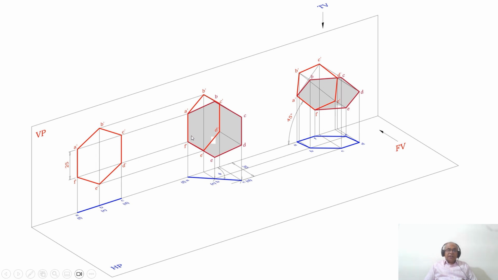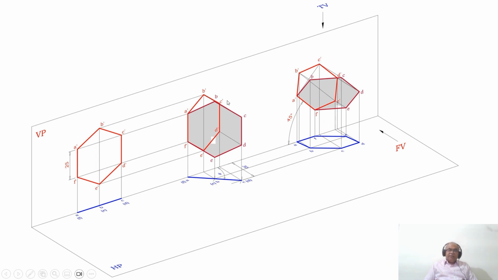Now in this position, the hexagonal lamina with one of the sides is perpendicular to HP and it is on VP. So it is parallel to VP and perpendicular to HP. Therefore, in the top view, you are getting a point.